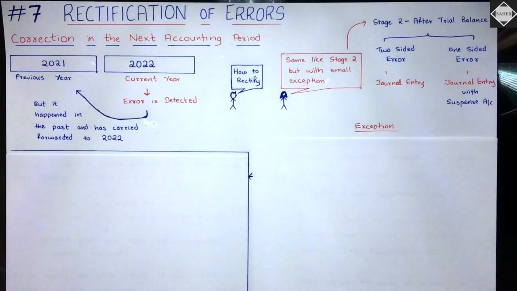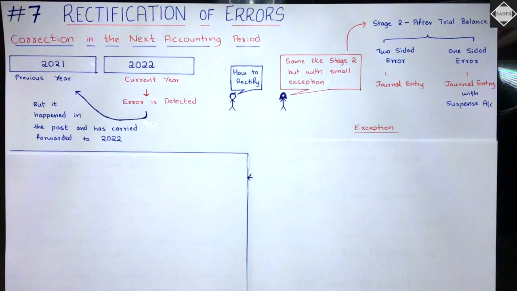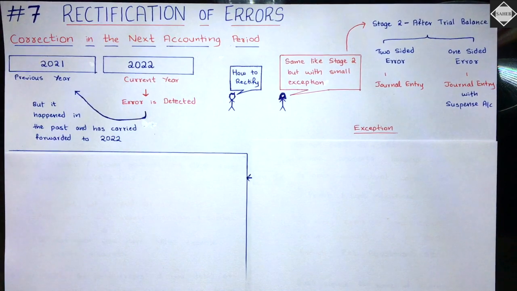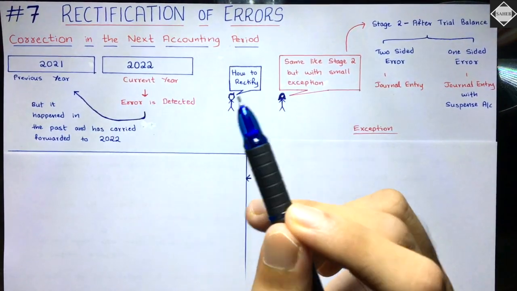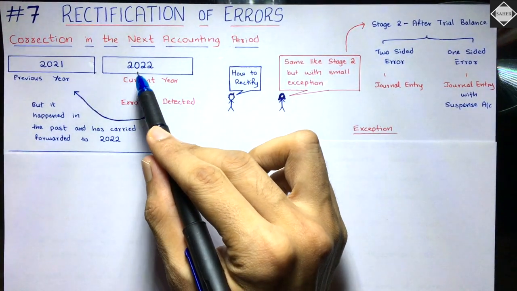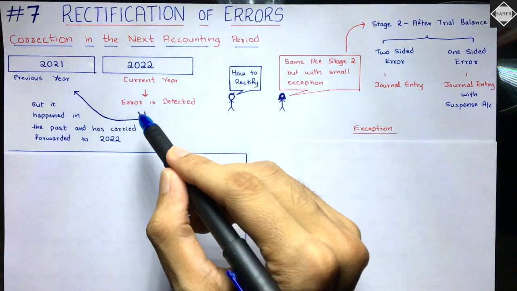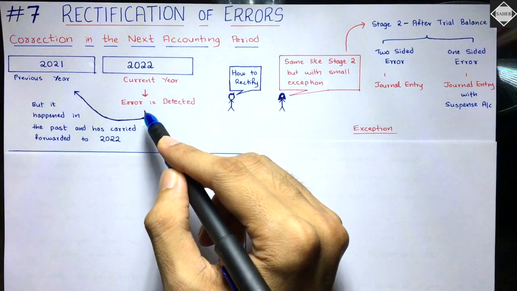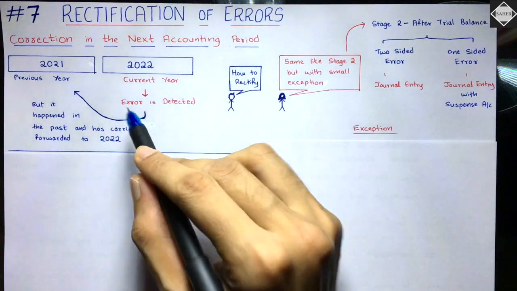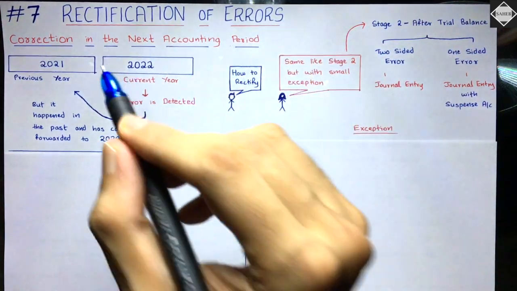Let's understand this correction in the next accounting period. First, let's take an example. Let's say in the current year of 2022 we identified an error. But then we came to know that this error did not actually happen in 2022.